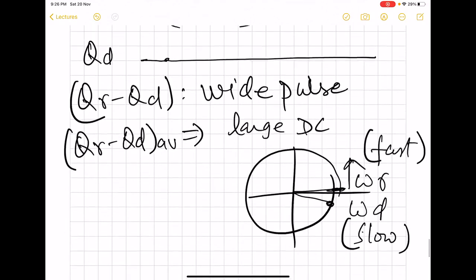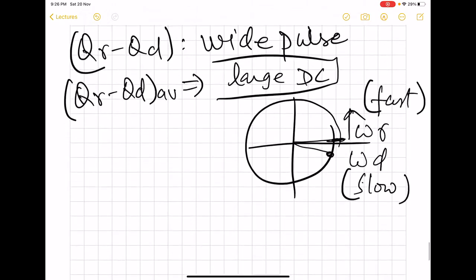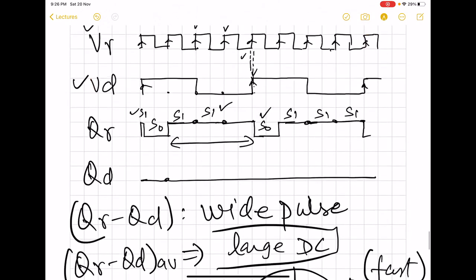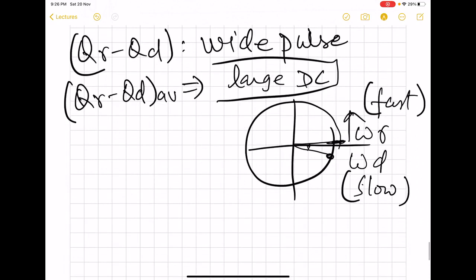Right. So what we see here is a large DC is produced by the PFD for this scenario. And initially we have assumed a very small phase error, so like this. Now we see what is the characteristic of the VCO.